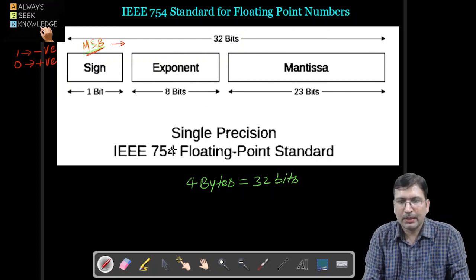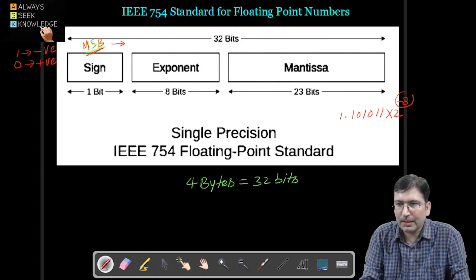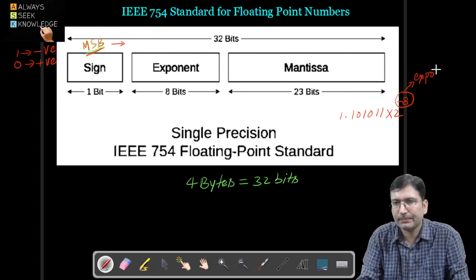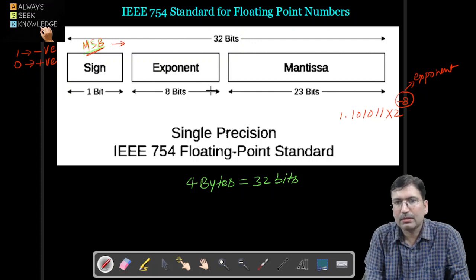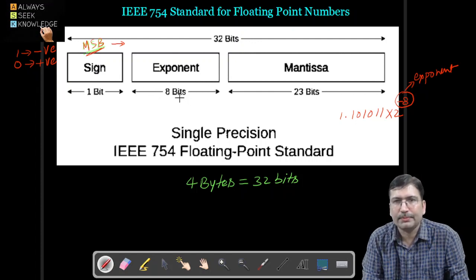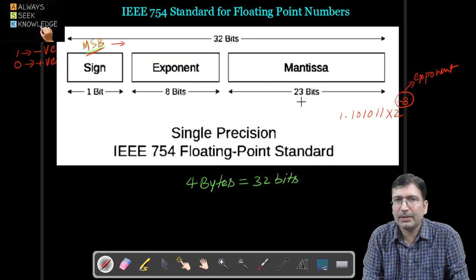So what is the exponent? As I have given you in the previous example, if you are writing something like 1.101011 into 2 to the power, let's say you are writing minus 8, in that case this part will represent the exponent. So from the MSB side, these 8 bits will be storing the exponent, and then the remaining 23 bits out of the 32 bits will store the mantissa.